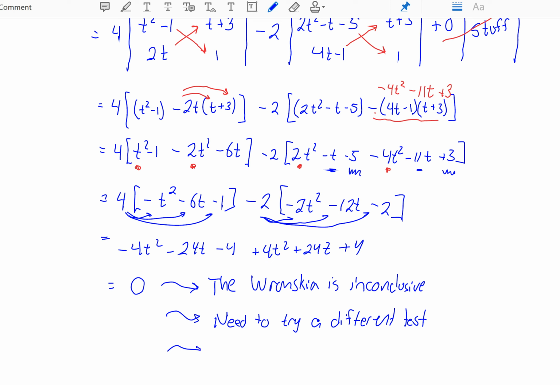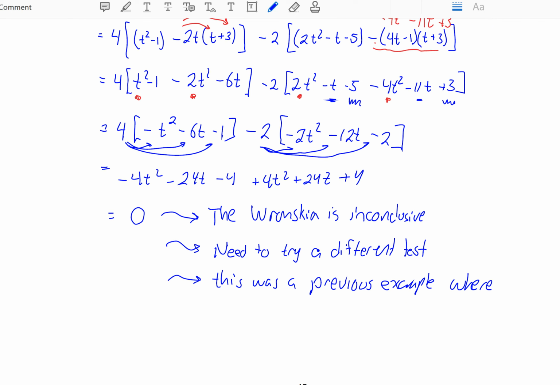However, we should recognize this as a previous example, where we showed these vectors are linearly dependent.